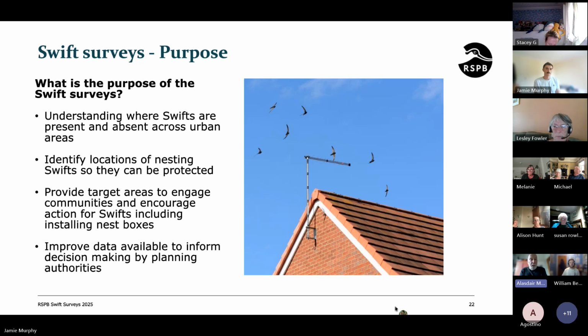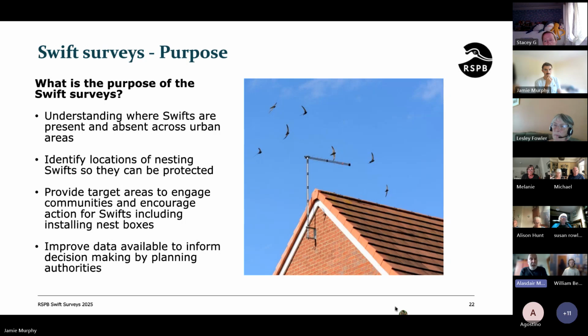And a final reason is that we've been trying to work with the government to make Swift bricks compulsory in new builds. They cost about 20 or 30 pounds, which in the building of a new house that's going to cost 350,000 is a trivial amount. But at the moment, the government are not supporting that.